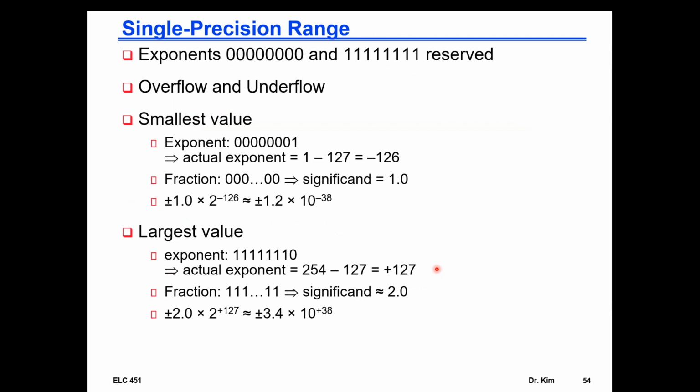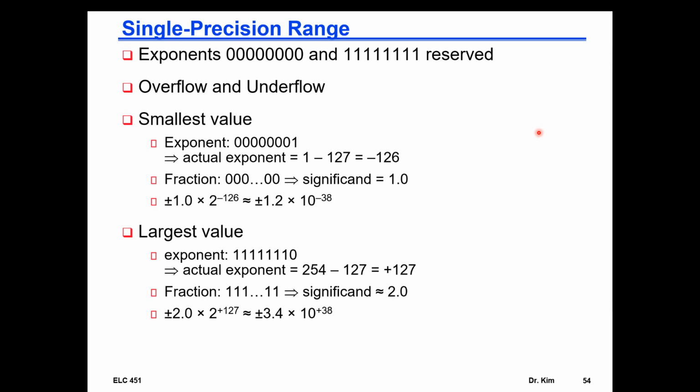So let's look at the range a little bit, okay? For the exponent, we have this number of bits, 8 bits. Now, the other thing that you can have with floating point format is not only overflow, which means that the number is too large to fit in the storage that we are assigning to it, either 32 or 64 bits, but also you can have underflow, which means that the number is too small.